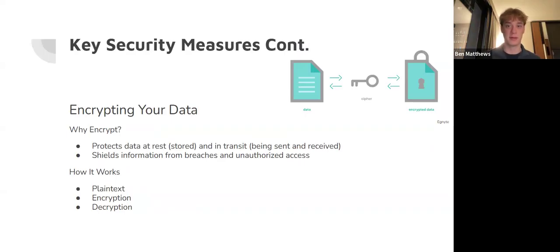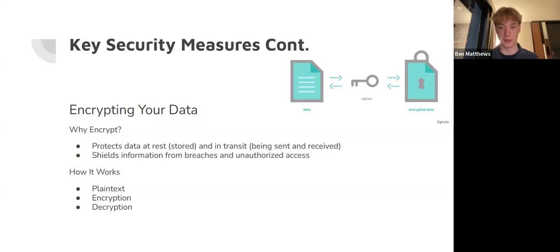And then we have encryption. So why should you encrypt your data? It protects it when it's at rest, or when it's being stored, and also in transit, when it's being sent and received by other devices. It also shields information from breaches and unauthorized access, and it works by starting with plain text, which is the original readable data.